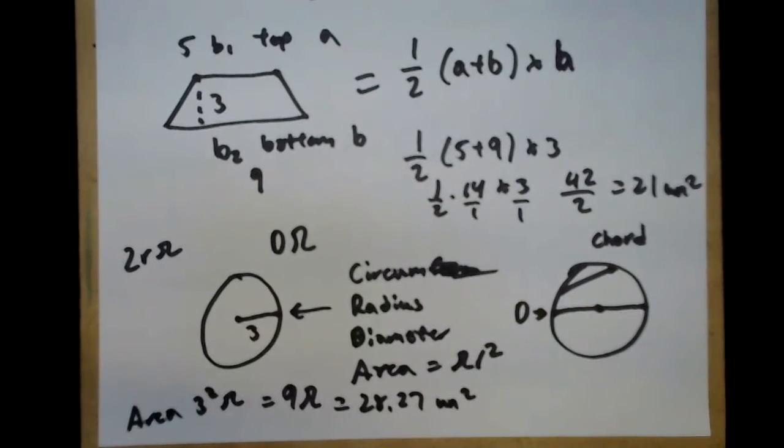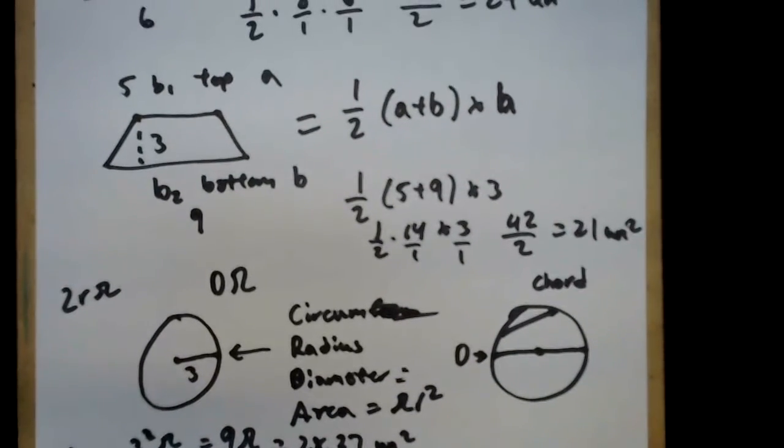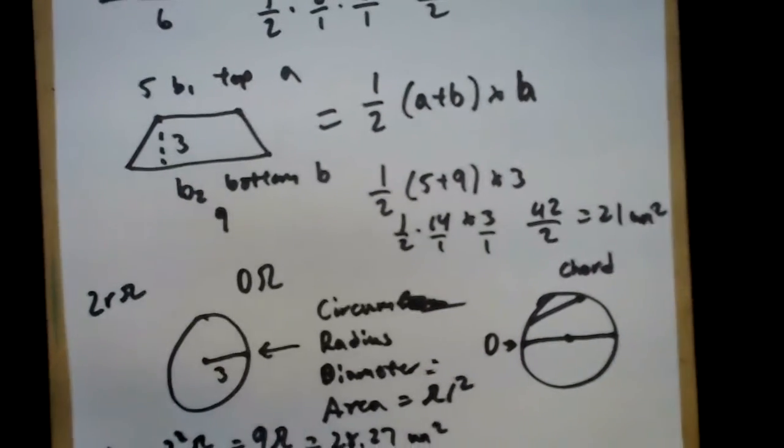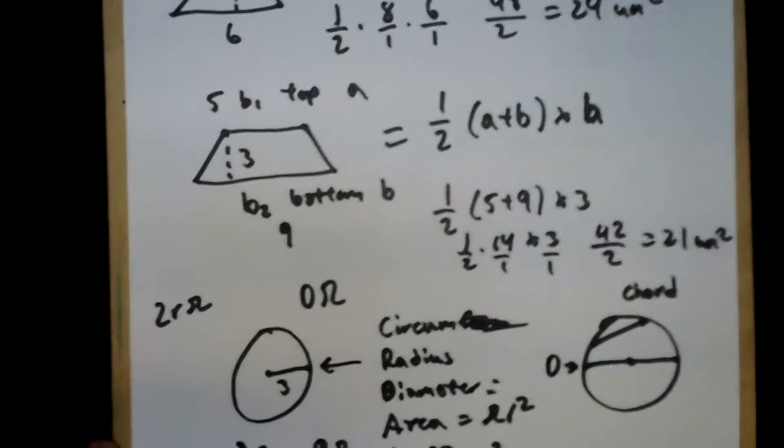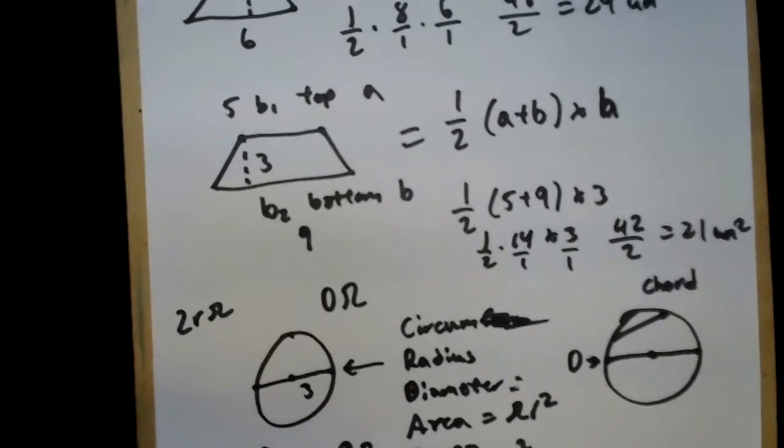Now if we calculate the circumference, we'll use the same thing as that. 2 times the radius is the same thing as going from here to here and going from here to here, which is the diameter.